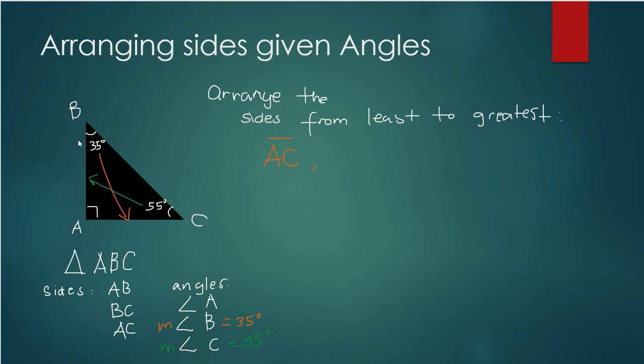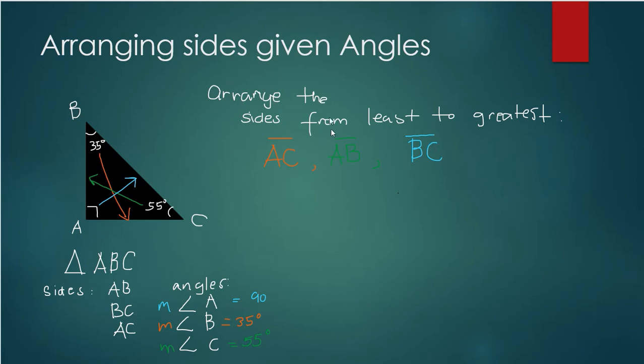What is the side opposite to that? That is side AB. And then the last one, the highest value angle, is our right angle, which is angle A. The measure of angle A is 90 degrees. So therefore, our longest side is side BC.